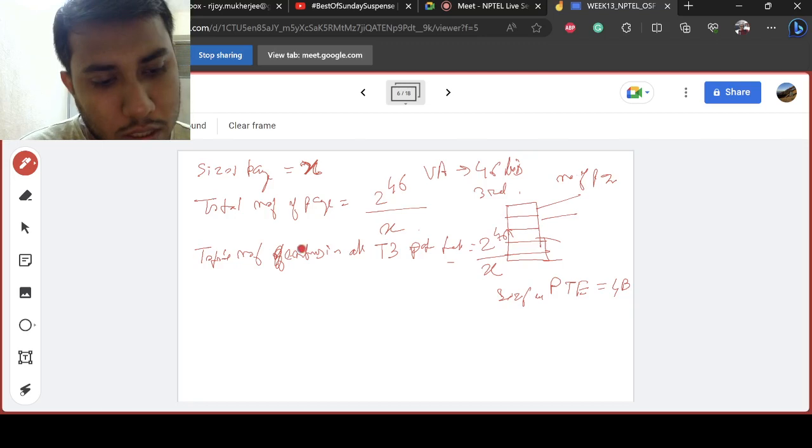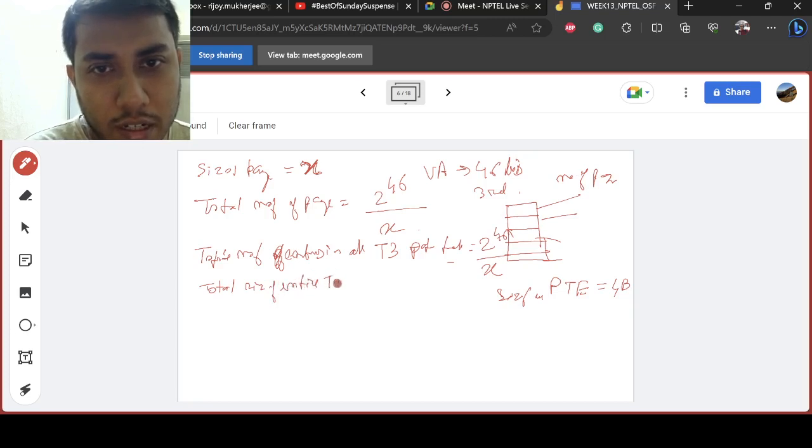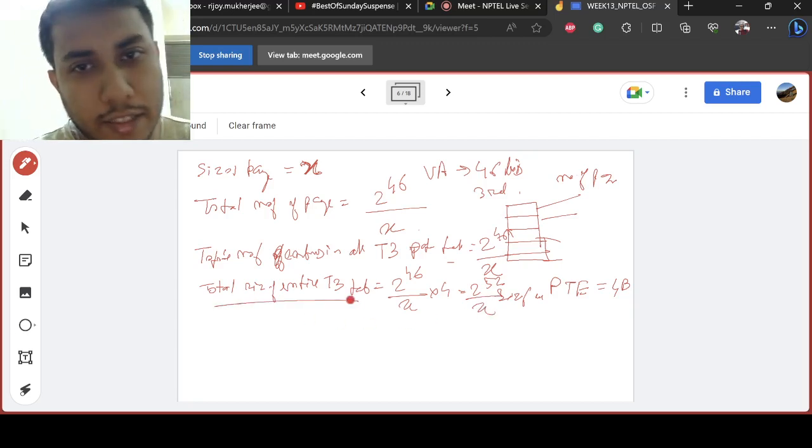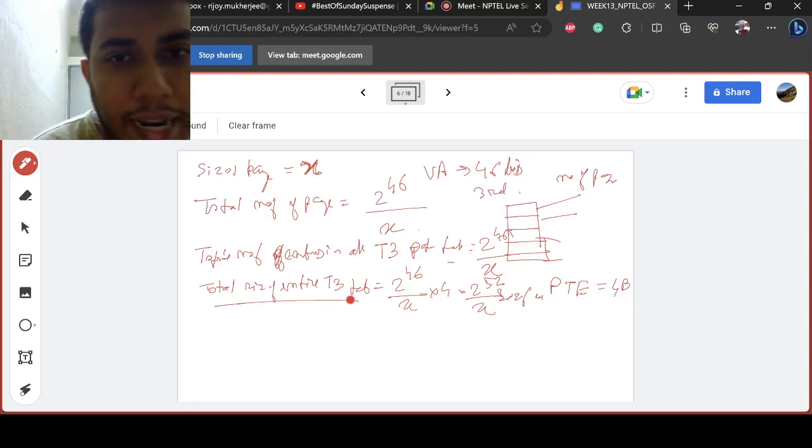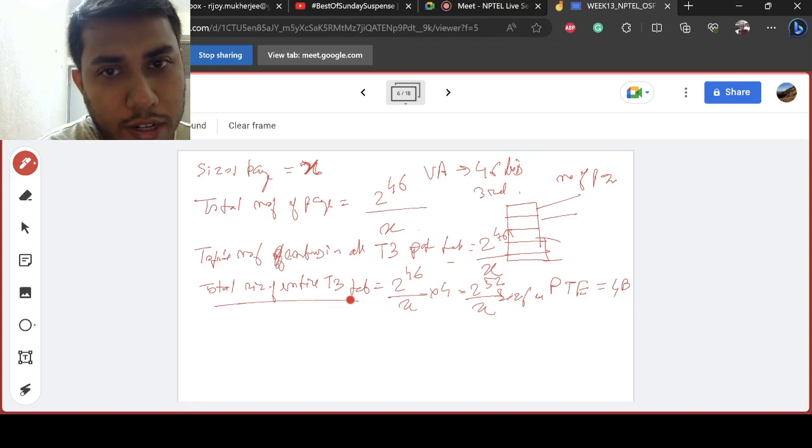Now the total size of the entire T3 tables is the total number of entries, 2 to the power of 46 divided by x, times 4 bytes, which is 2 to the power of 48 divided by x.